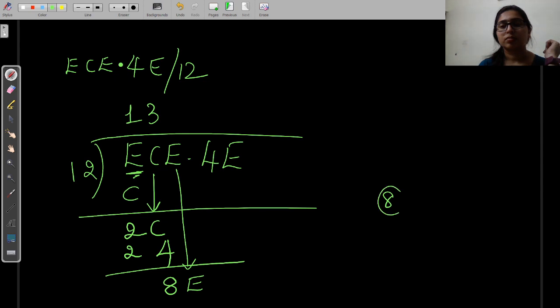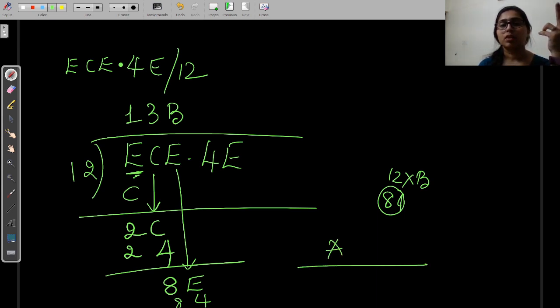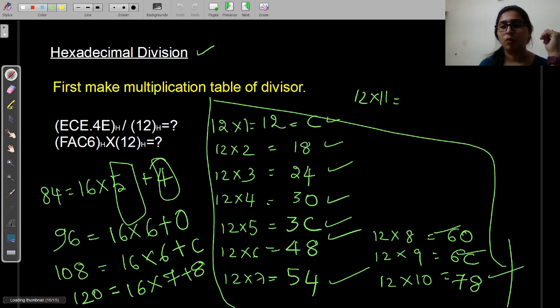That is 12 into 11, right? So 84, I'll write as it is. This is B. So this is 14 minus 4, 10. So we have A. Now we have the point. Take this here, A4.